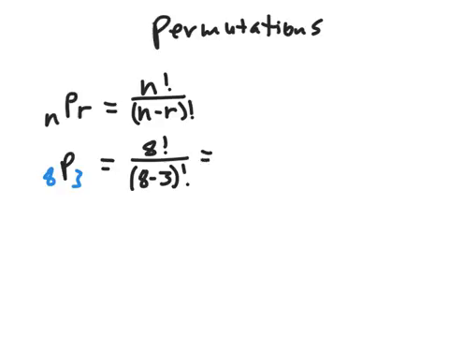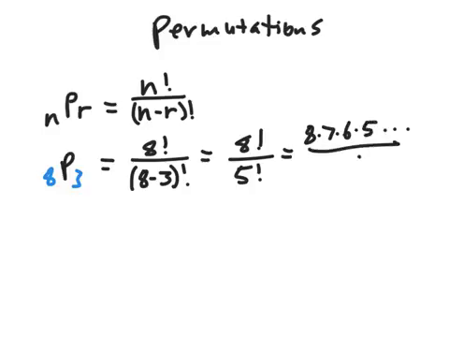And 8 minus 3 is 5, so I have 8 factorial over 5 factorial. If you remember, that is 8 times 7 times 6 times 5 times 4 and so on, over 5 times 4 and so on. Everything from 5 on cancels out, and that's how we end up with 8 times 7 times 6, which you should see matches up exactly with how we solved it previously.